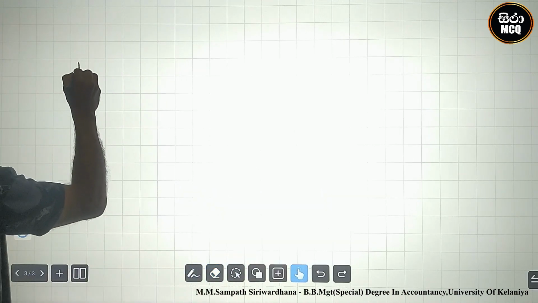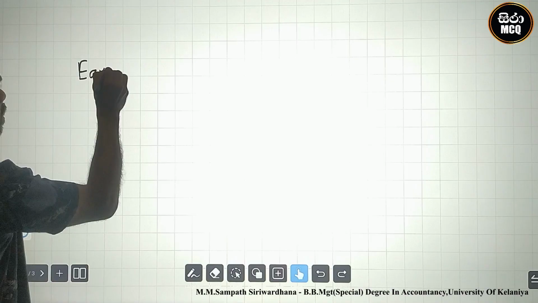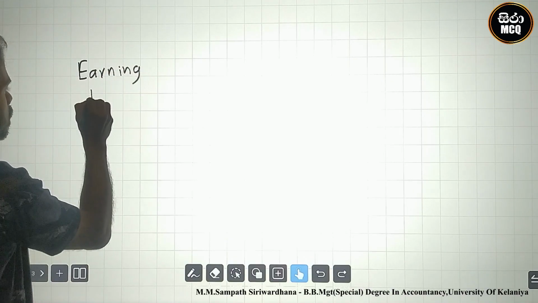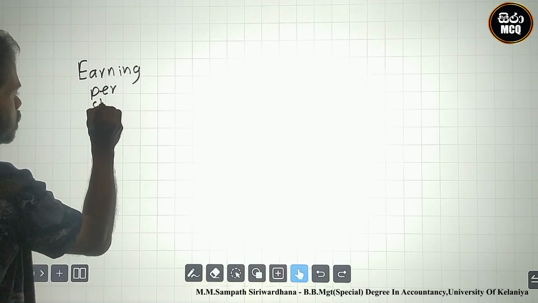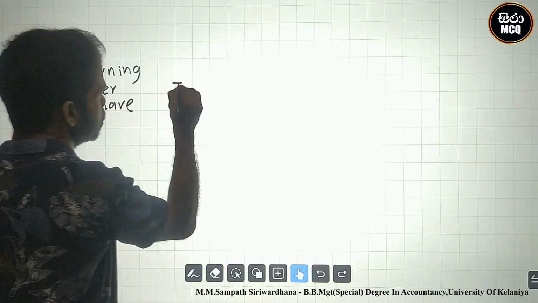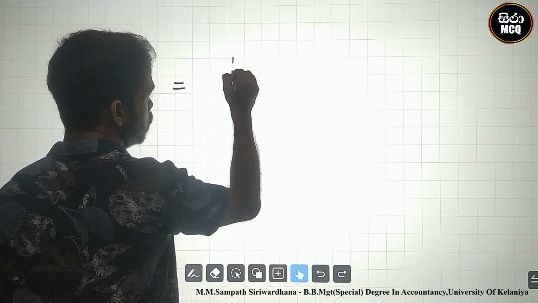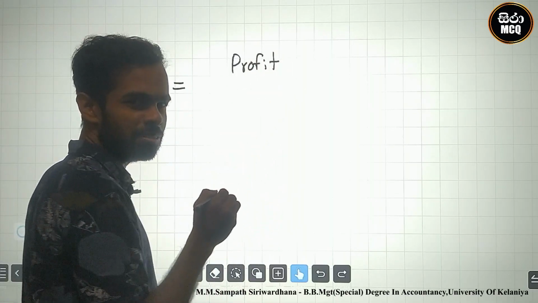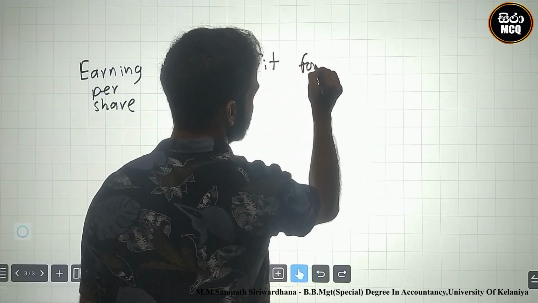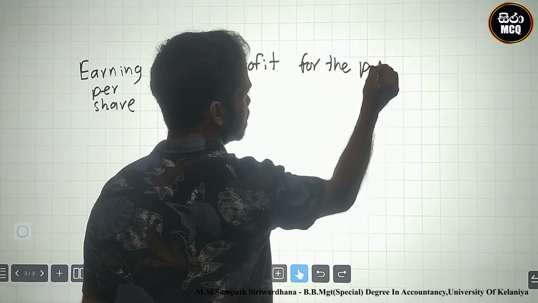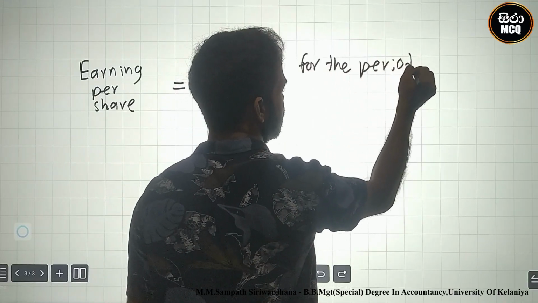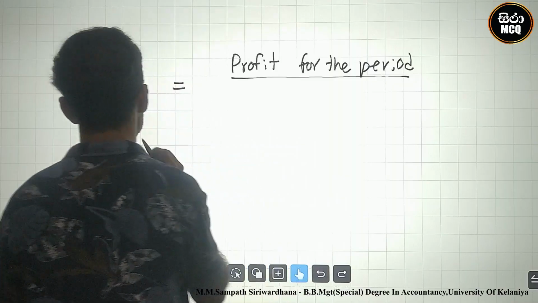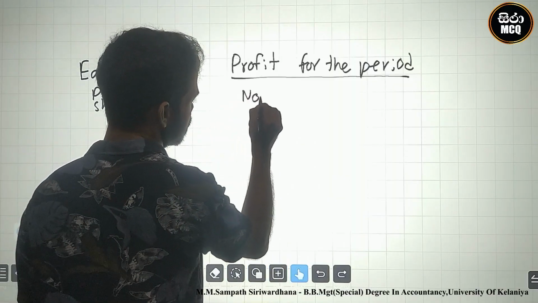How can we calculate earning per share? Profit for the period, our requirement, divided by the number of ordinary shares.